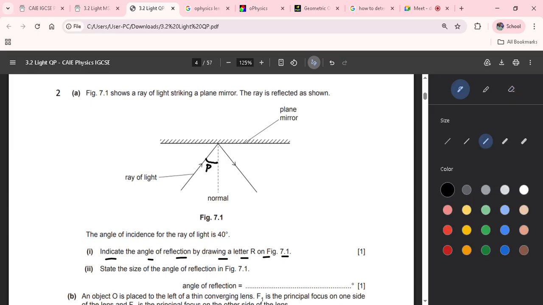This one is R. State the size of the angle of reflection. So this is the angle of reflection. What was the size? If I is 40 degrees, what is the angle of reflection?